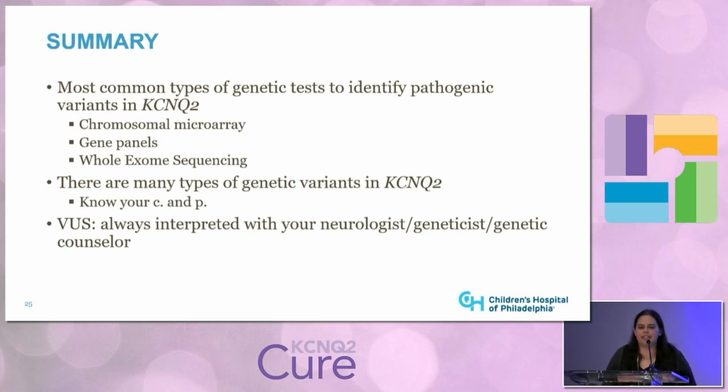So especially in this era of precision medicine, it's really important: know your CDOT, know your PDOT, know what particular variant your child has, because this will become increasingly important when we think about gene or variant-specific therapies. And if you have a variant of uncertain significance, this should always be interpreted in a clinical context to determine if that variant is suspicious, not suspicious, or whether further testing may be needed.